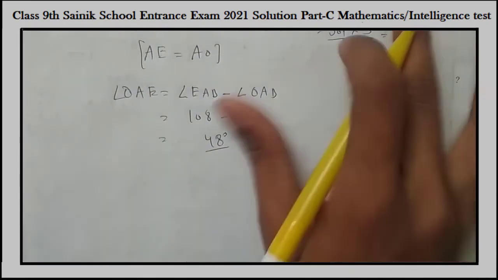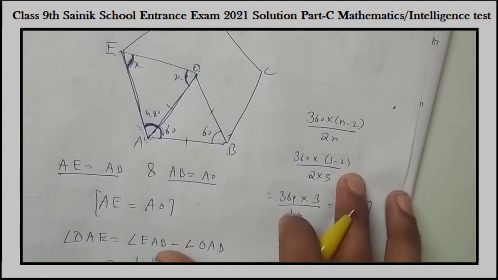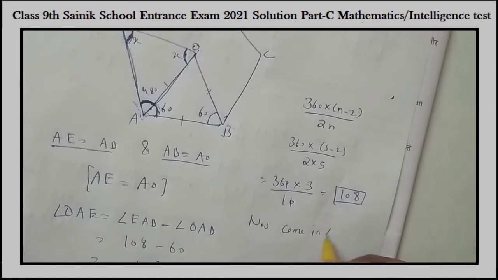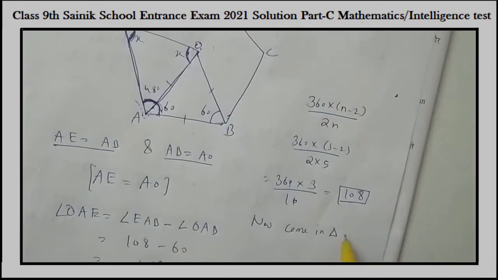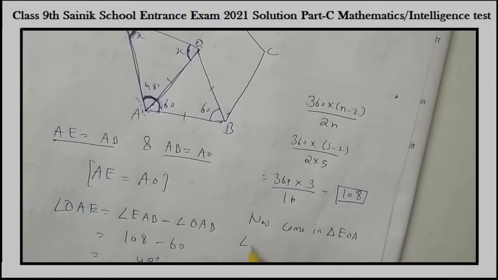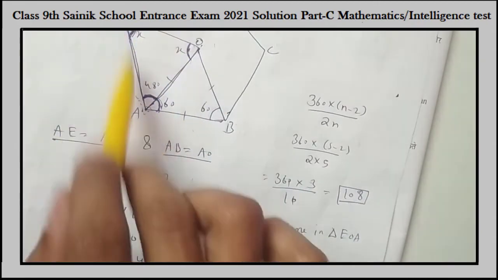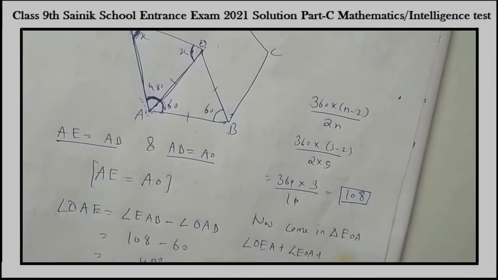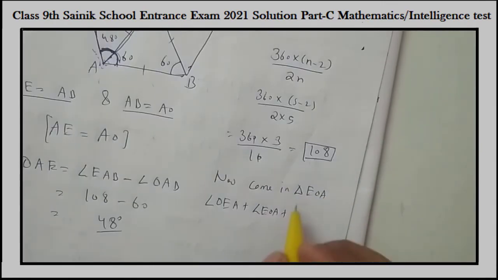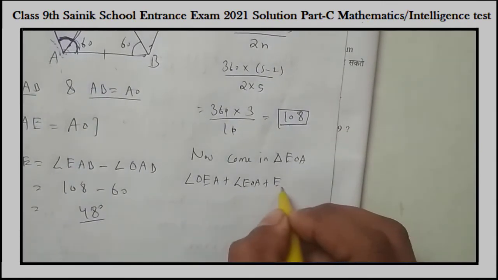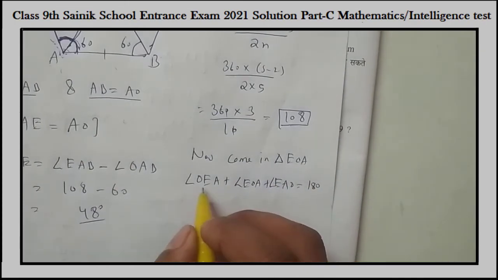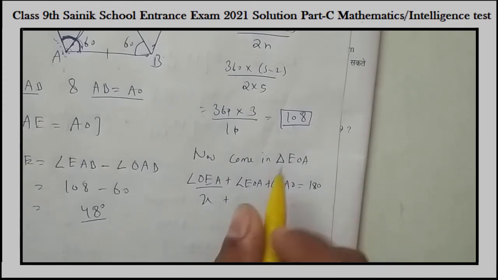Now coming to triangle EOA. Angle OEA plus angle EOA plus angle EAO is 180. Sum of all angles of a triangle is 180. And what is angle OEA? X. What is angle EOA?